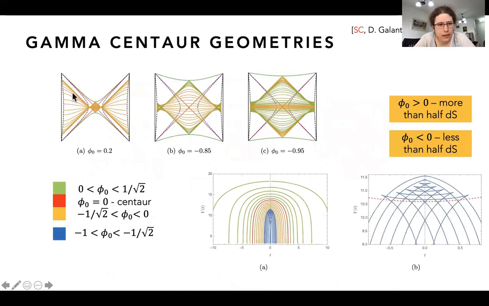All right. Then we can draw the length of the geodesics. That's V of t, the length of the geodesic as a function of time. As you can see, they are quite similar. The red is the centaur, the green is the more than half dS, and the yellow and blue are the less than half dS.